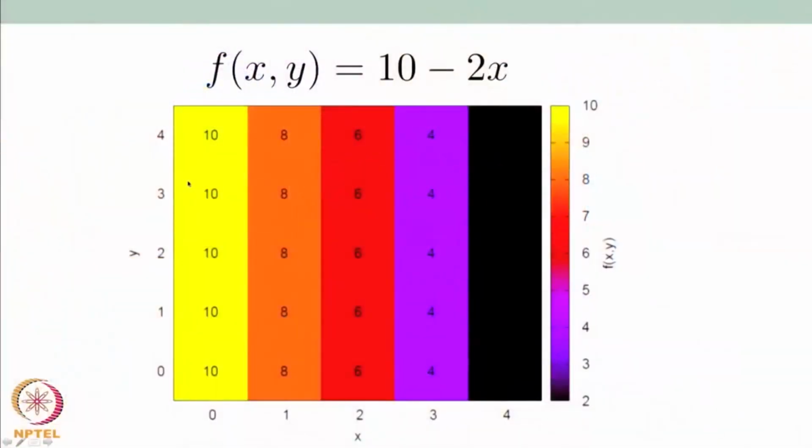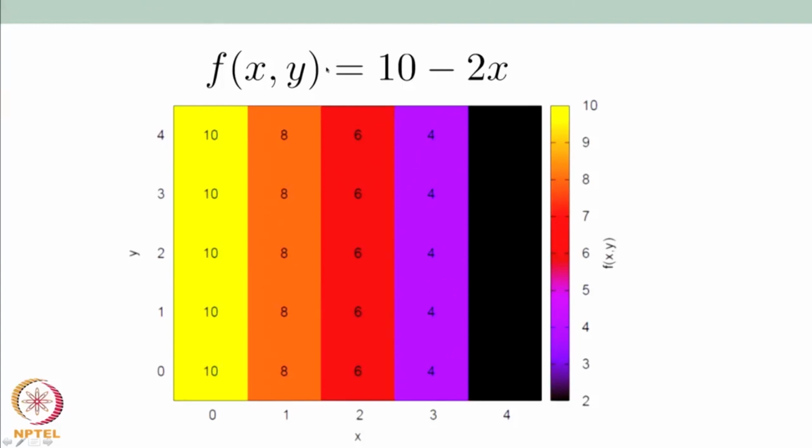Now how will it appear if we plot it as a graph? I am going to show you how this will look if we plot it. I can also represent this as f of x, y equals 10 minus 2x.